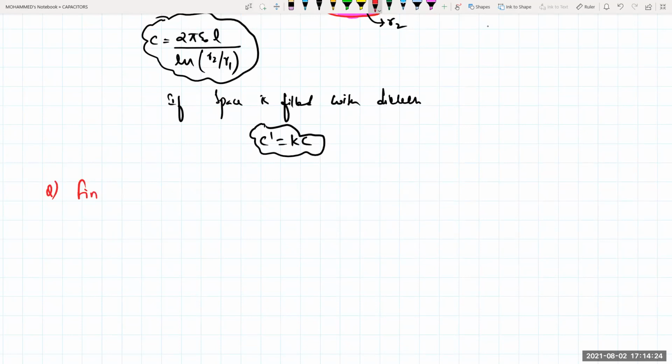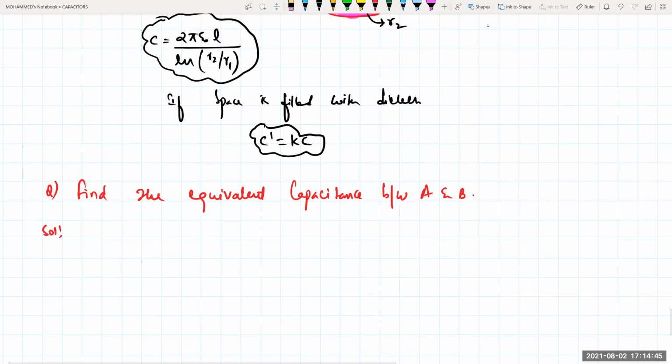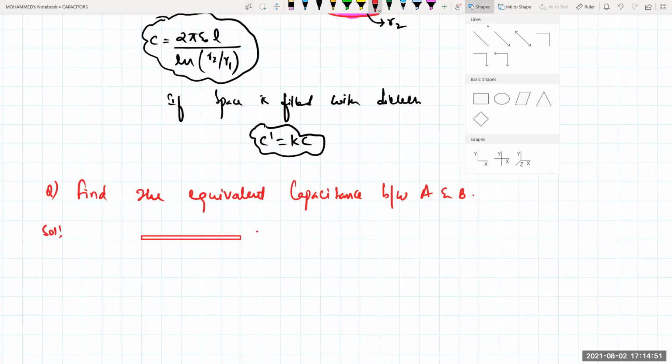Question is: find the equivalent capacitance between A and B. So if I'm taking the dielectric here, this is one capacitor I'm taking. One capacitor is like this, and one more capacitor is like this.